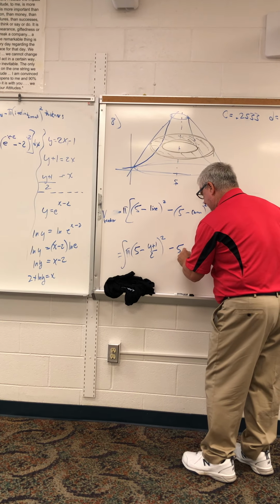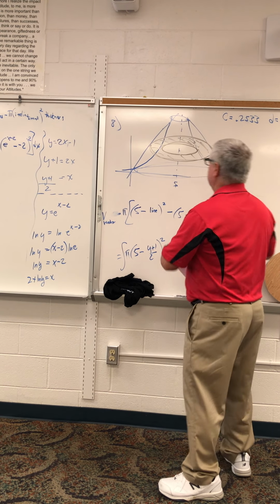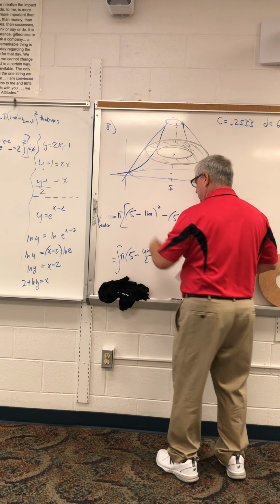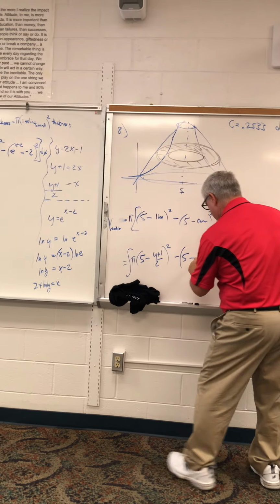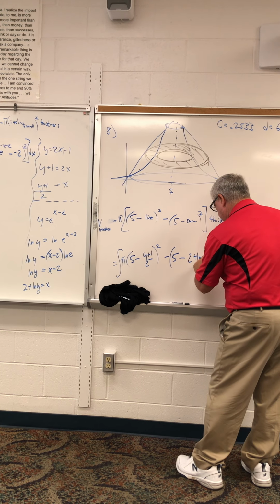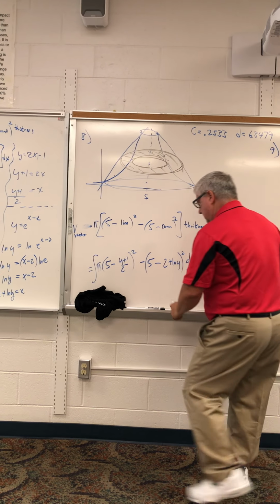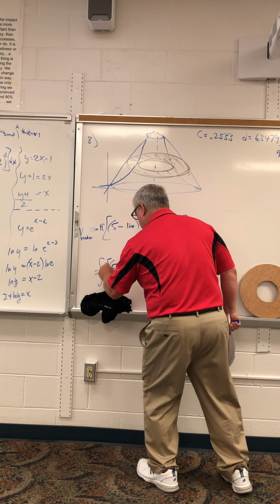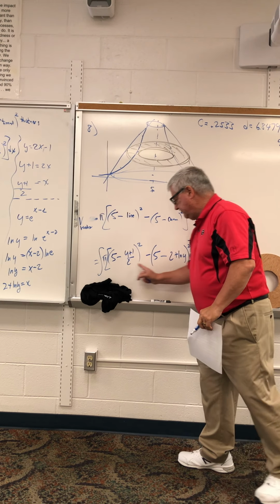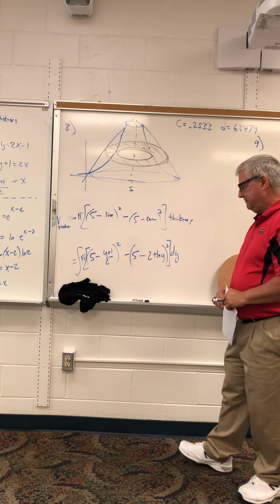Minus 5 minus the exponential this time, so that will be 2 plus ln y, all that squared. And I need these brackets here. The pi has got to be multiplied by both of them. The dy has to be multiplied by both of them.